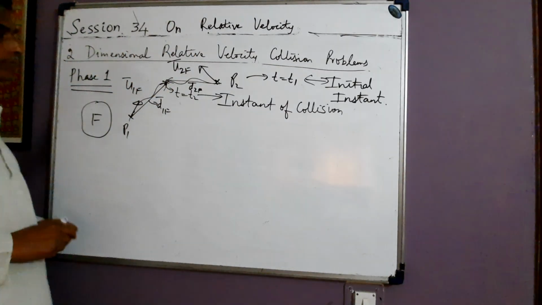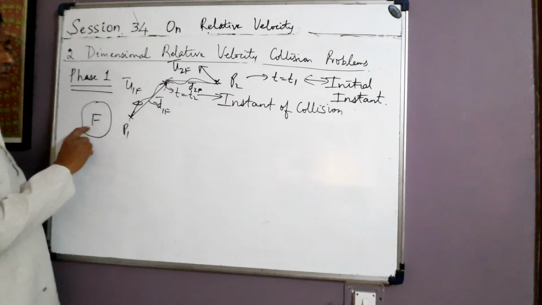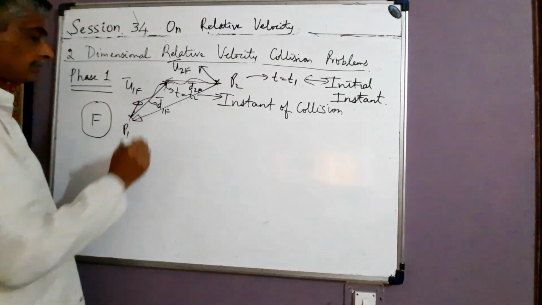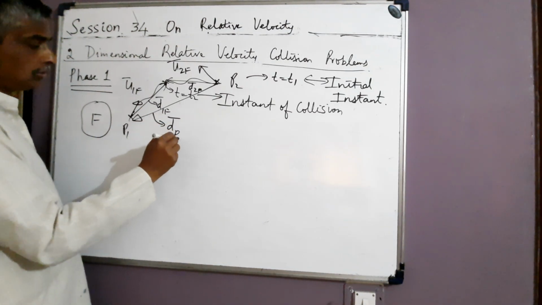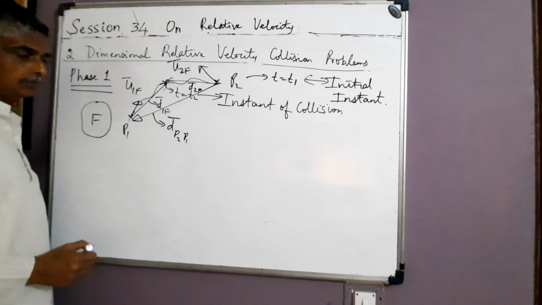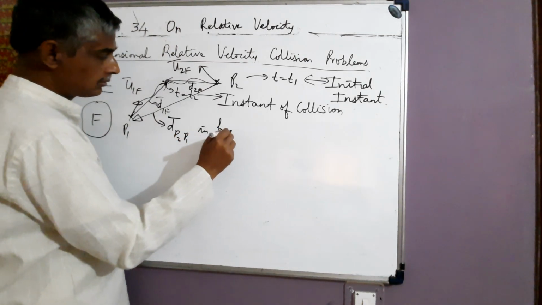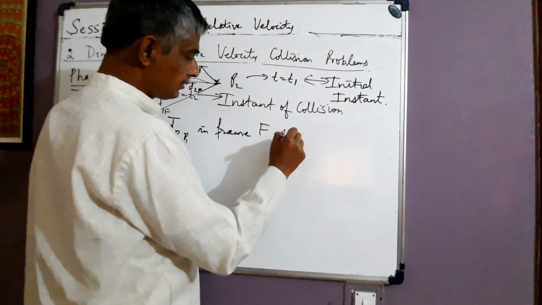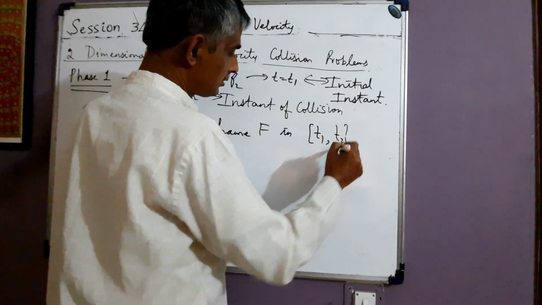One more thing, the displacement of P2 with respect to P1 in frame F will be this one. This is the relative displacement of P2 with respect to P1 in frame F in time interval t1 to t2.